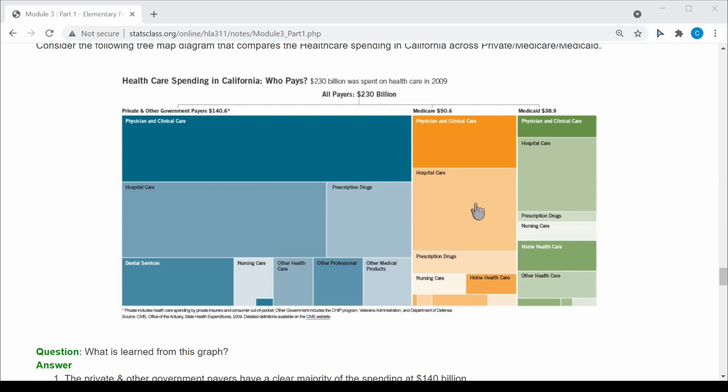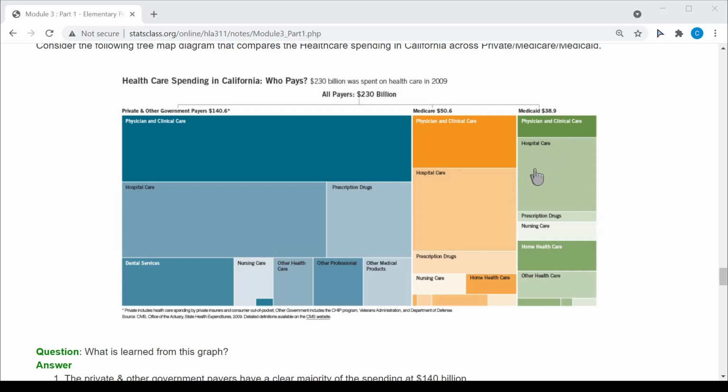It's a little easier to see that over here in the Medicare. For the Medicare, we can see that the hospital care box here is somewhat bigger than the physician and clinical care box. How much bigger? Again, that gets to be hard. Is this 30% bigger than that box? Is this 50% bigger than that box? Again, that's hard for my mind to figure out.